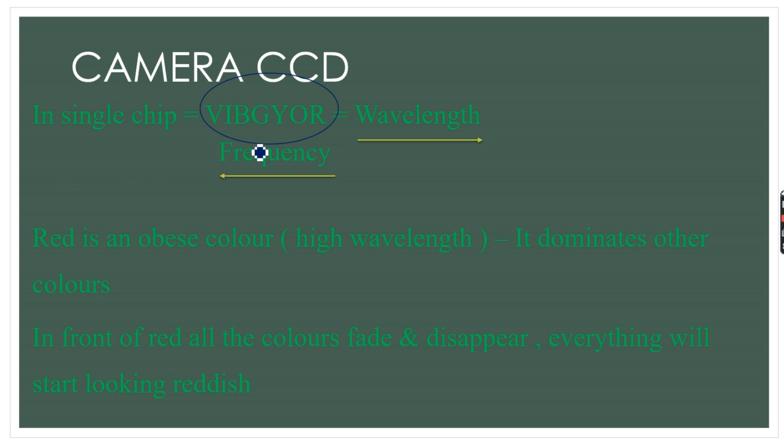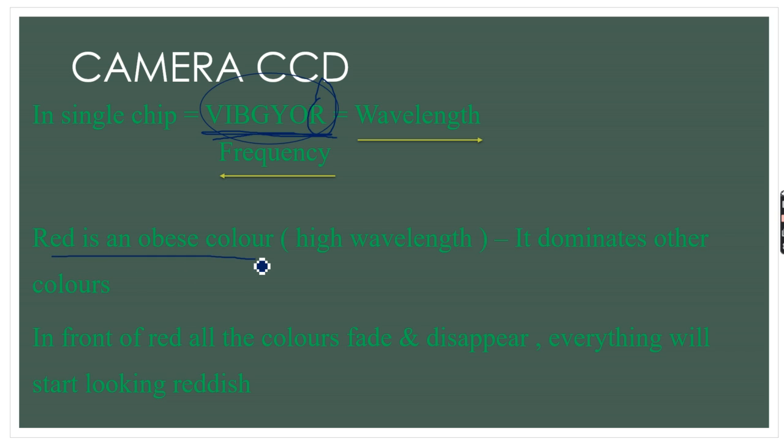In this single channel, if you remember the Vibgyor concept, the visible spectrum of light, here R stands for red. And red has the largest wavelength with the least frequency. That's why we can say red is an obese color.